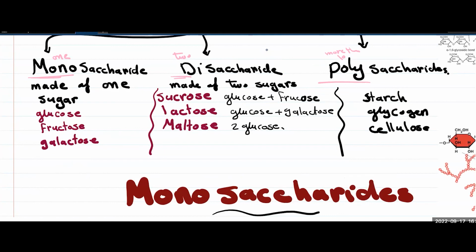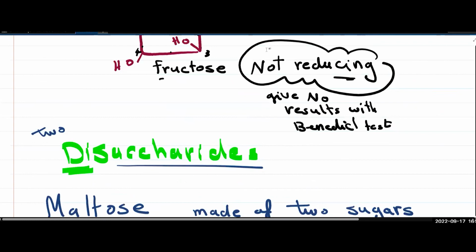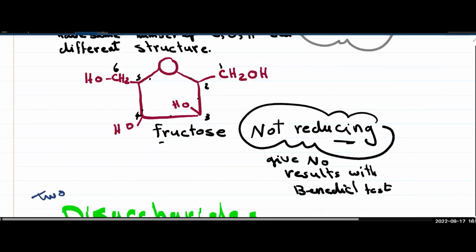When we're talking about two sugars bonded together, like maltose, I would like to show you how alpha glucose and alpha glucose will be bonded to each other.